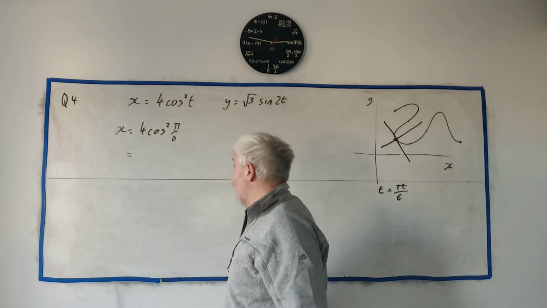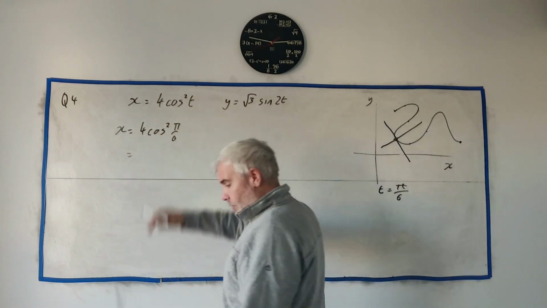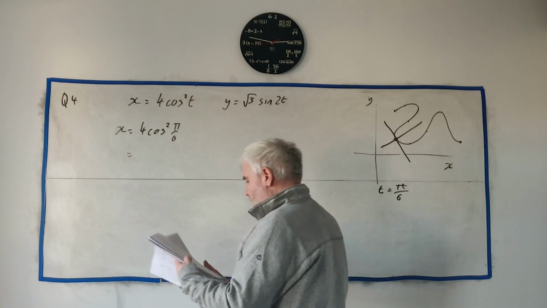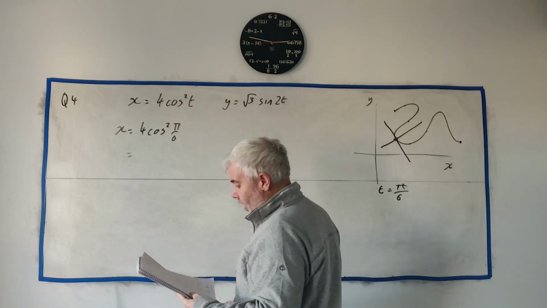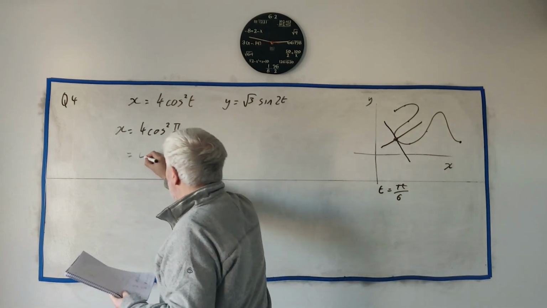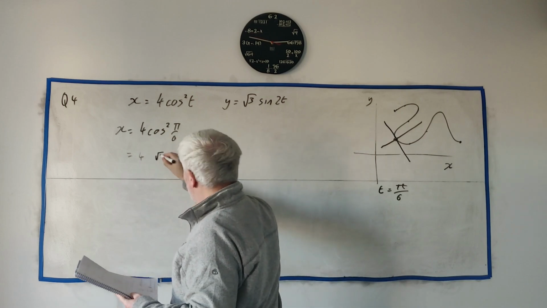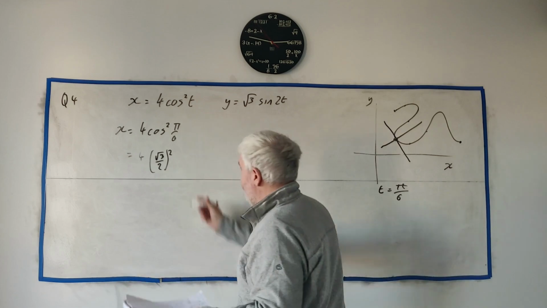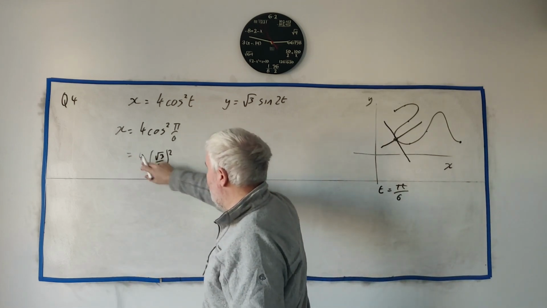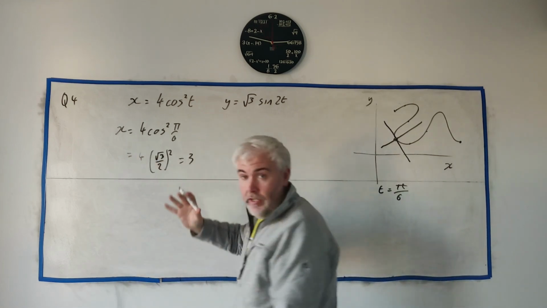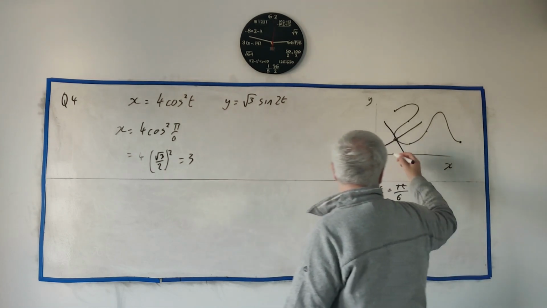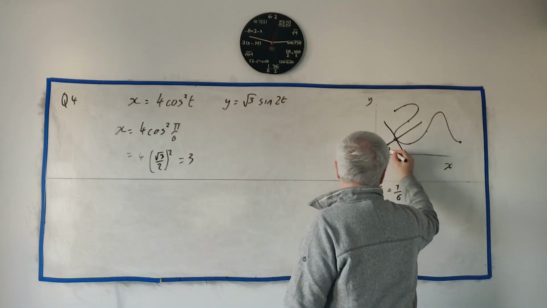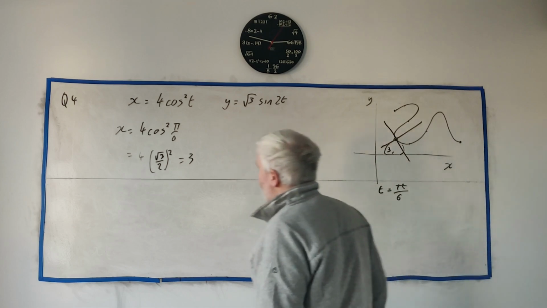Cosine of pi over 6 is square root of 3 over 2, and that's squared. So that's 3 over 4, the 4 cancels, and equals 3. That's your x value. So that's 3, and we'll leave room for the y.